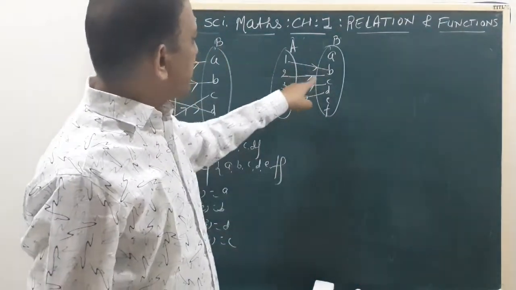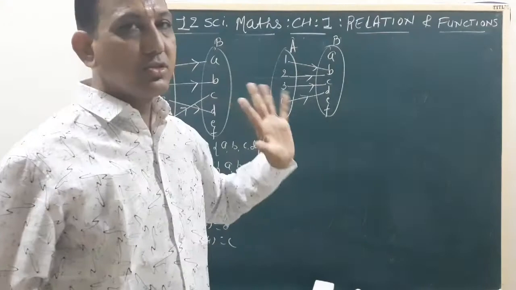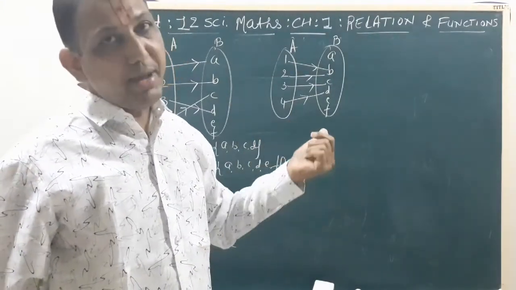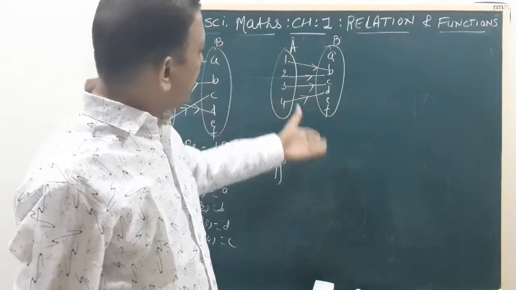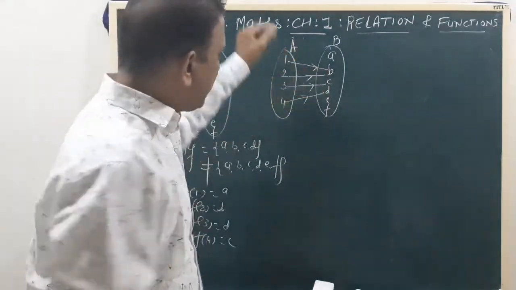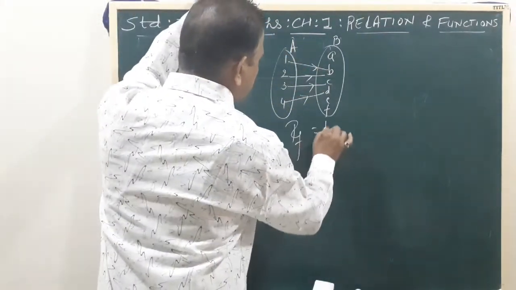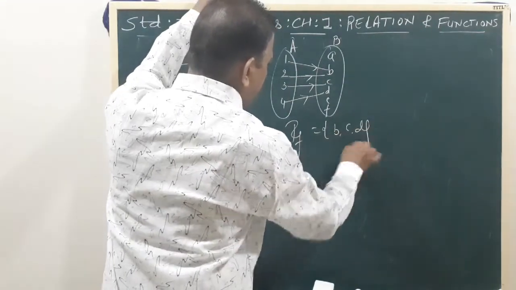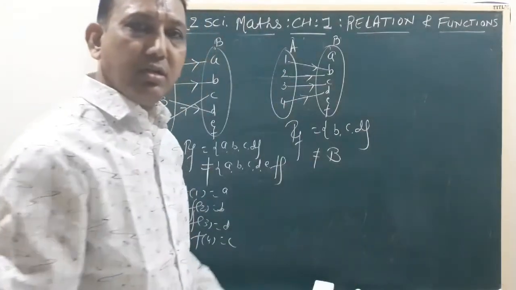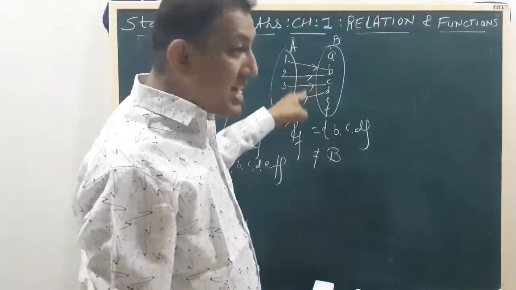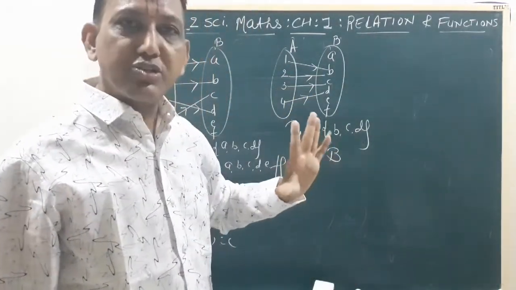F1 answer B, F2 answer B: different value, same answer. So one-one is not possible. It is called many-one function. Is onto possible? No, because our range is only B, C, D, and the codomain is A, B, C, D, E, F, which is not equal. So this one is a many-one function and not an onto function.